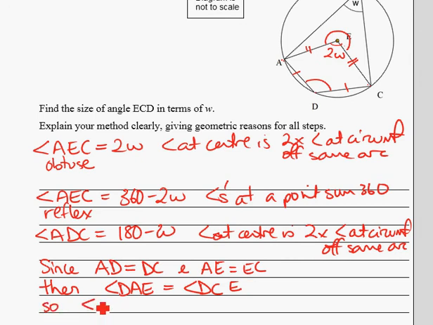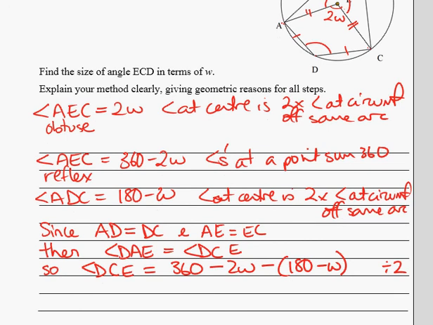So to find angle DCE, ECD, which is what we're looking for, it's going to be 360 minus 2W minus 180 minus W, and of course we'll need to divide all of that by 2 once we've worked it out. 360 minus 180 minus 2W, two negatives make a positive W, so I've got minus 2W plus W. We want to divide that by 2. 180 divided by 2 is 90 minus W divided by 2.